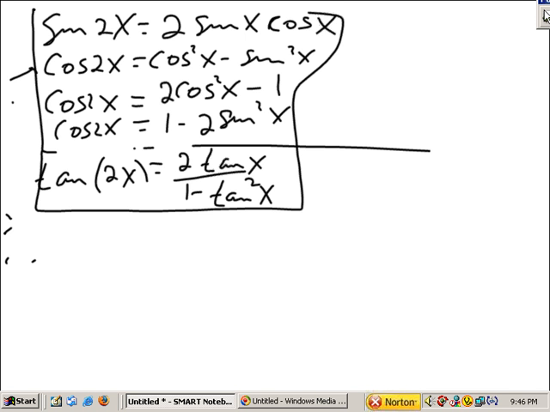Now, we're going to talk about reduction formulas. A reduction formula takes the angle.